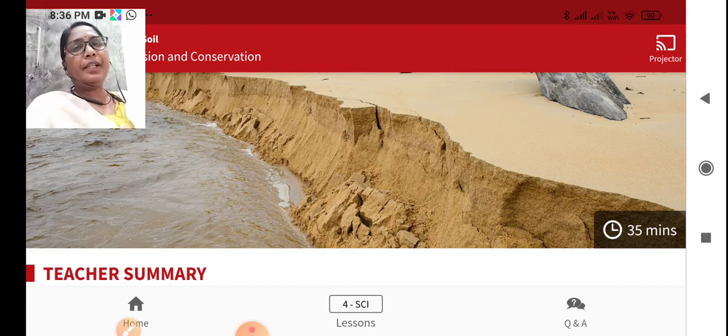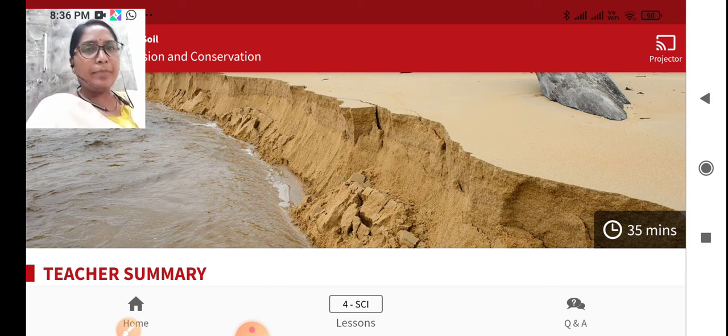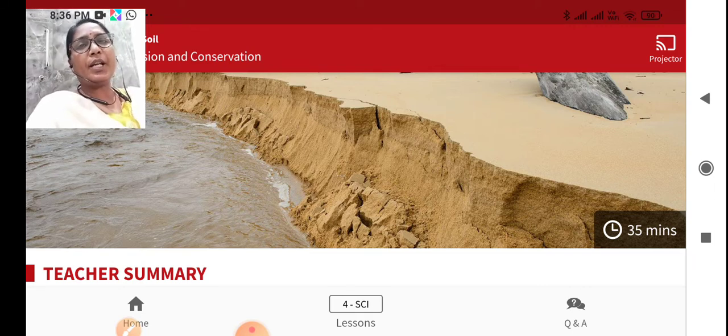For example, if that topsoil flies away or is removed by someone, imagine that the upper layer is removed. That condition is called soil erosion. Then how actually does soil erosion take place? You can see in the picture, children, this water is moving.